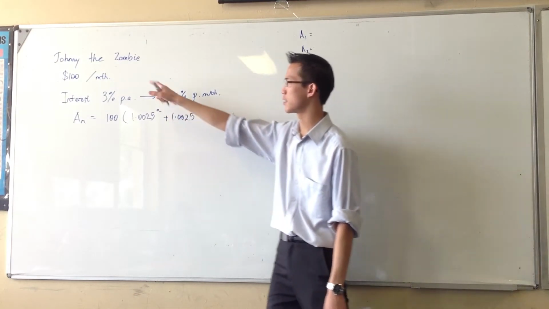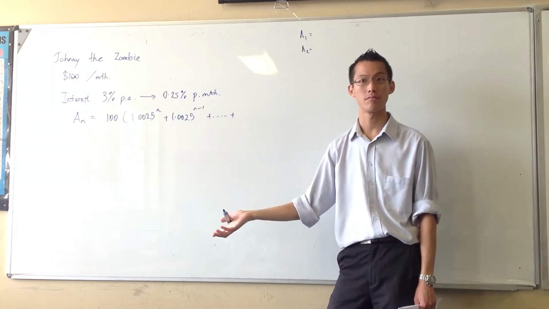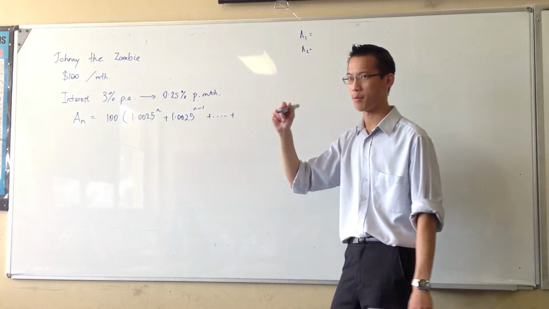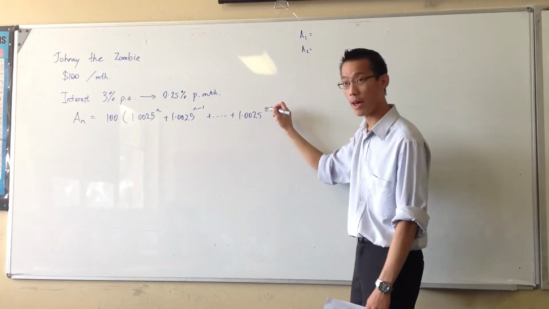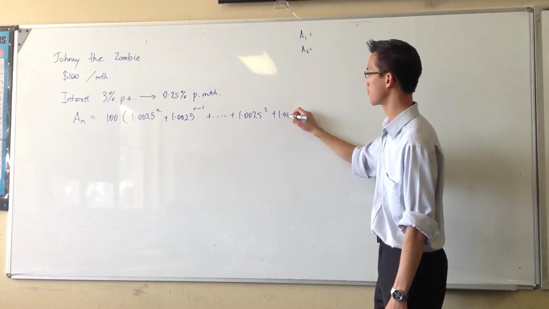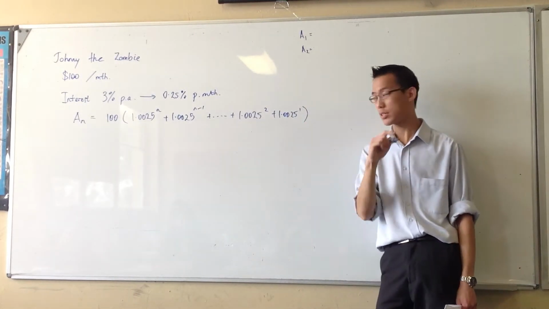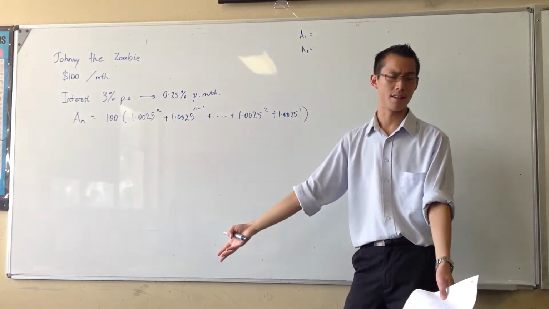If he puts in money at the start of the month and he gets interest at the end of the month, how many lots of interest will he have? Just the one. So I suppose if I put a couple more at the end, I've got 1.0025 squared, and then the very last one will be that.